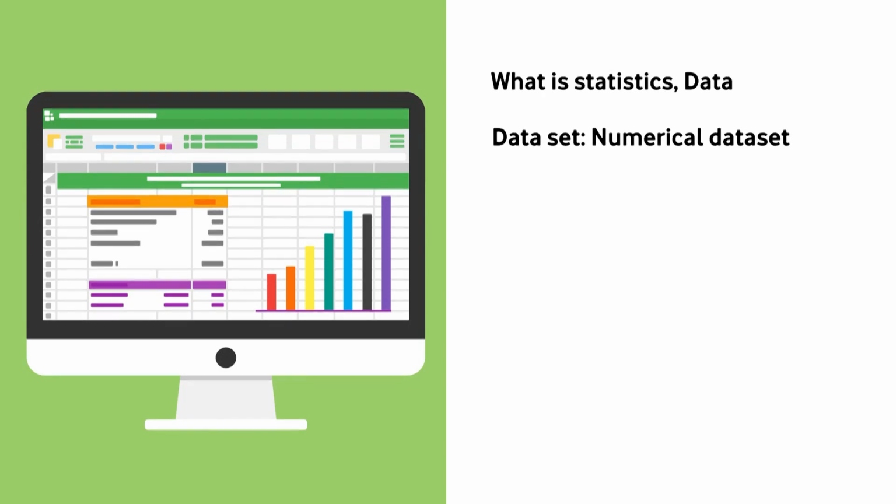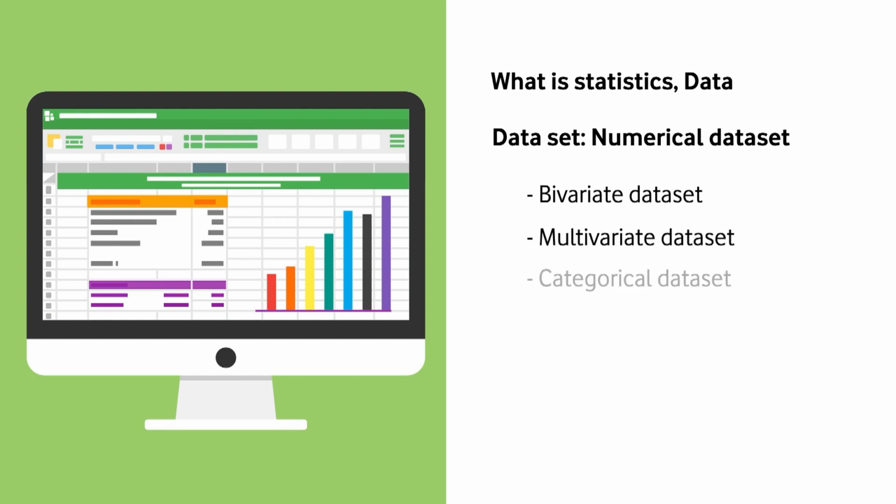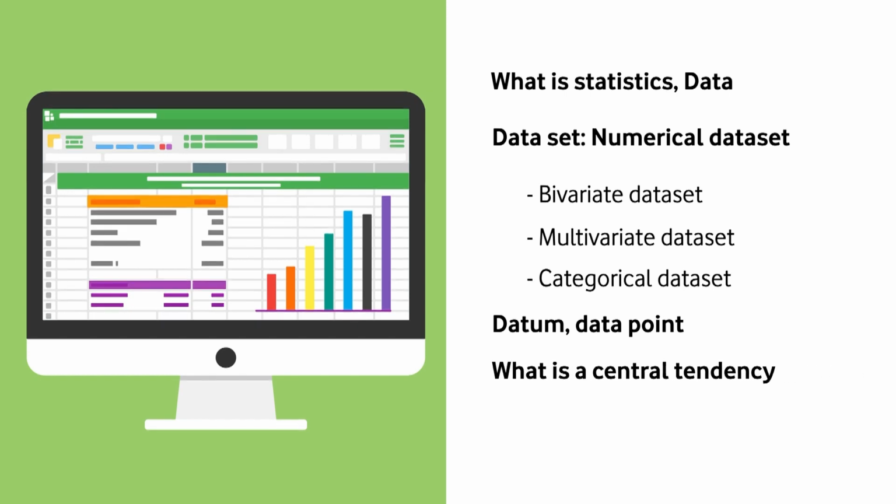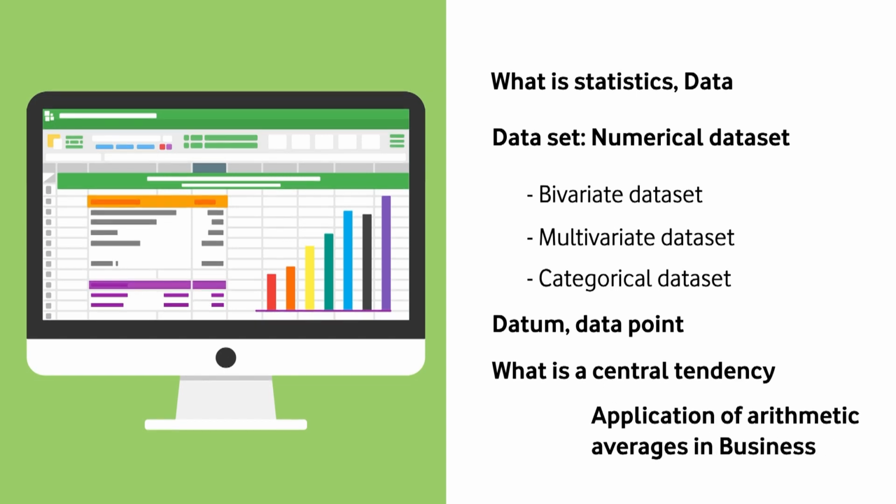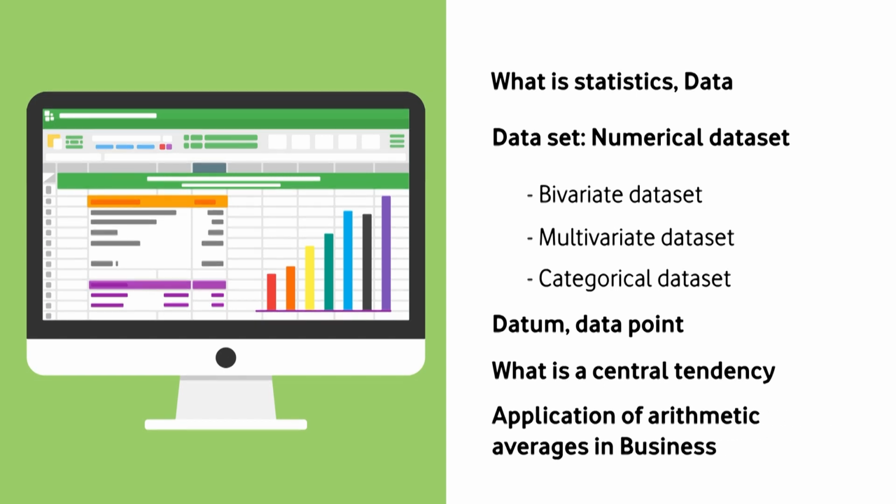We talked about the data set, and we discussed that there may be three basic kinds of data set: the bivariate data set, the multivariate data set and the categorical data set. We also discussed datum and data point, and then we got a glimpse of what is central tendency, and we tried to learn the various applications of these measures of central tendency which are used in business.